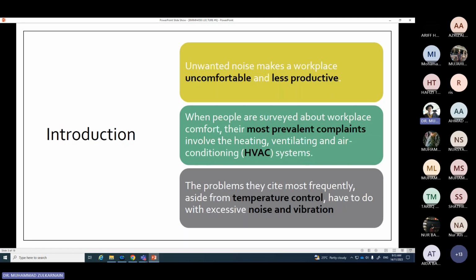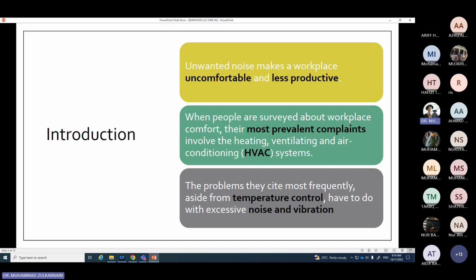Okay. In the introduction, first we understand that unwanted noise makes a workplace uncomfortable and less productive. This is common knowledge about noise. If a person receives an uncomfortable condition, the performance of the person will calm down, not perfectly perform in their work.